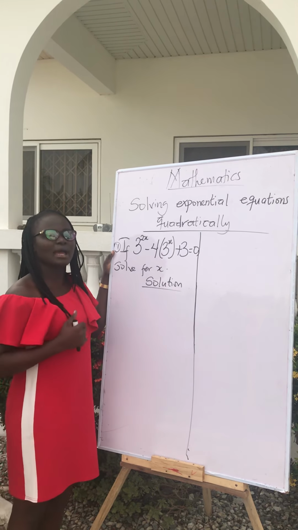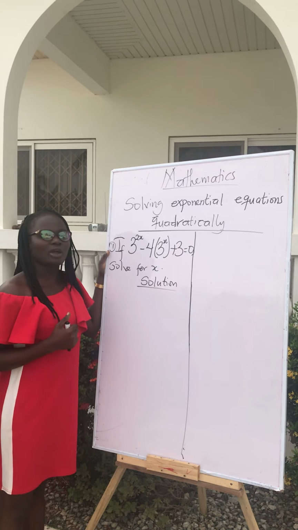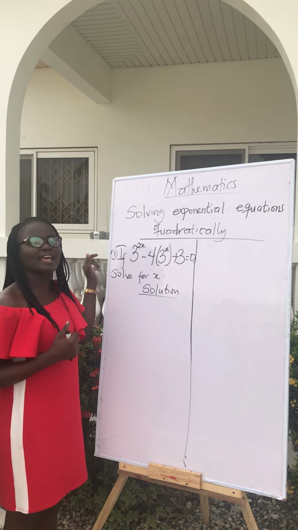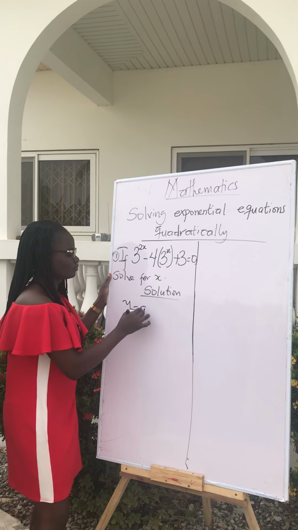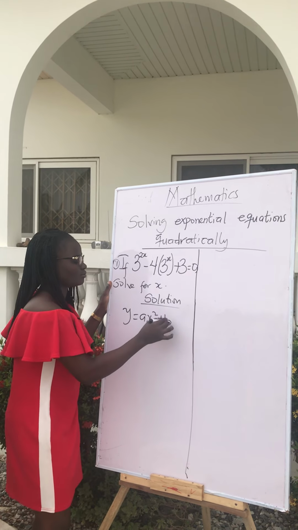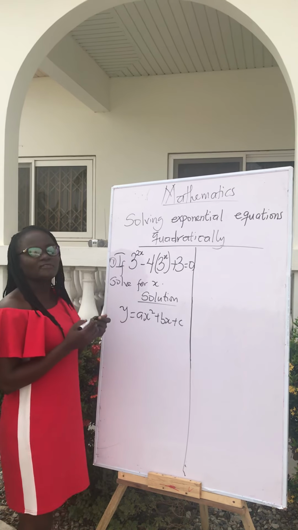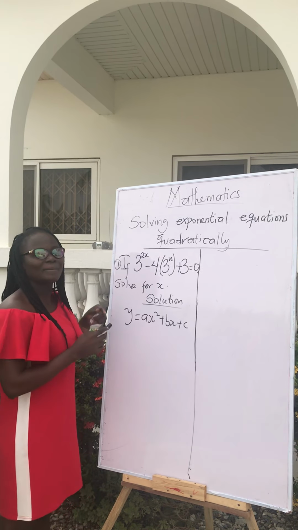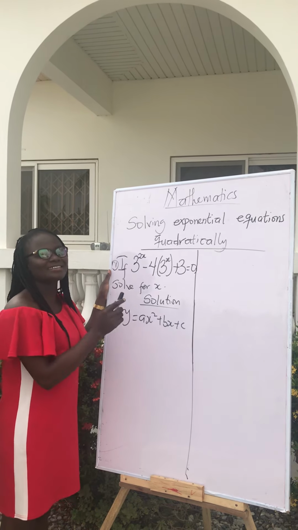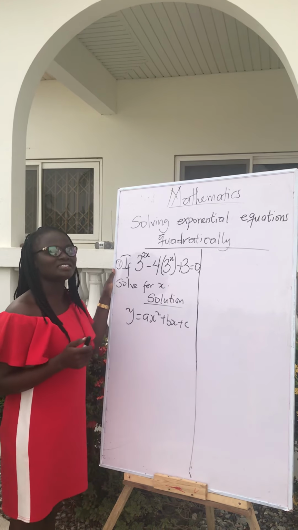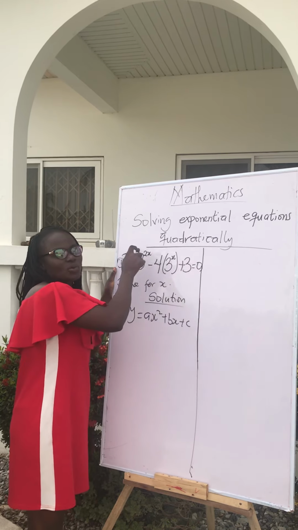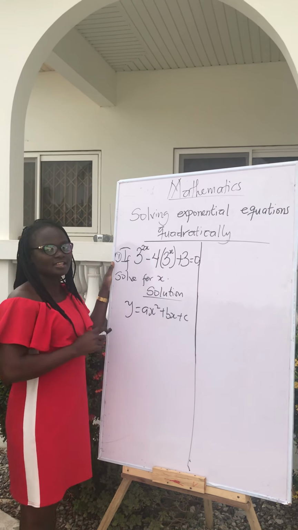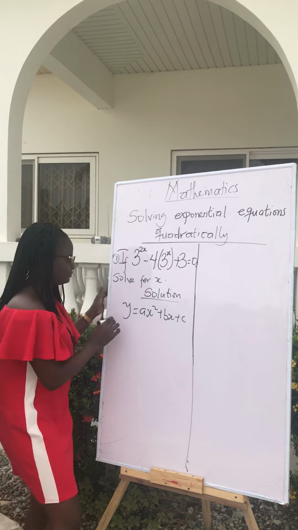And we learned in our previous lesson that a quadratic equation is any equation of the form ax squared plus bx plus c equals 0. So we have to restructure this equation again. So let's do it together.